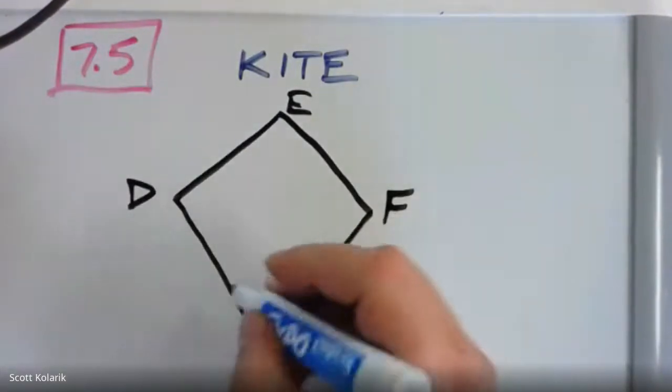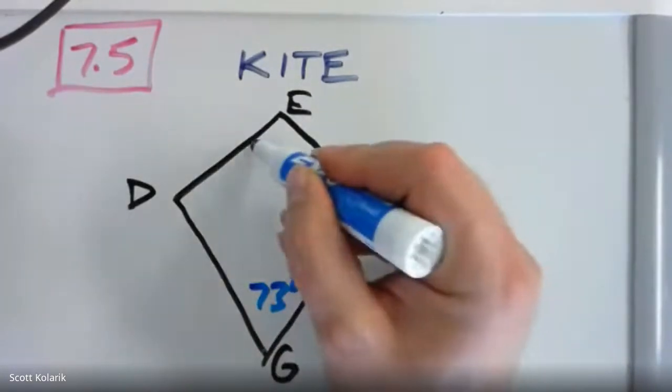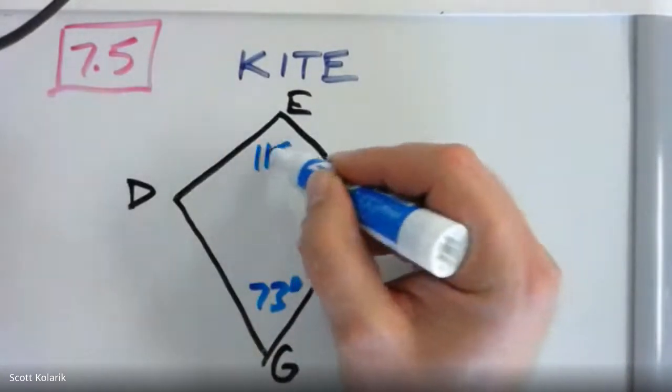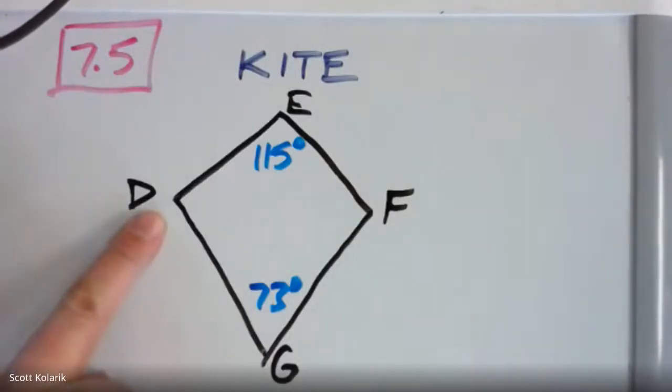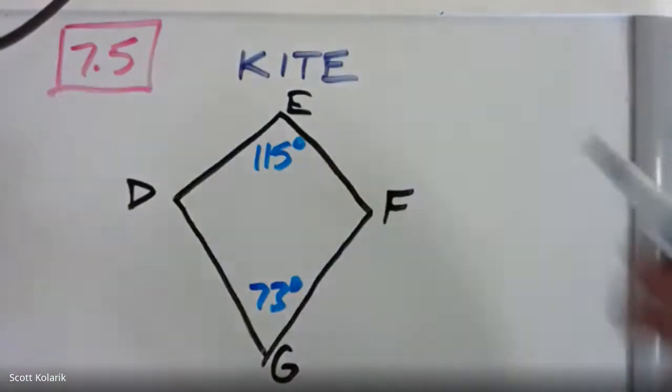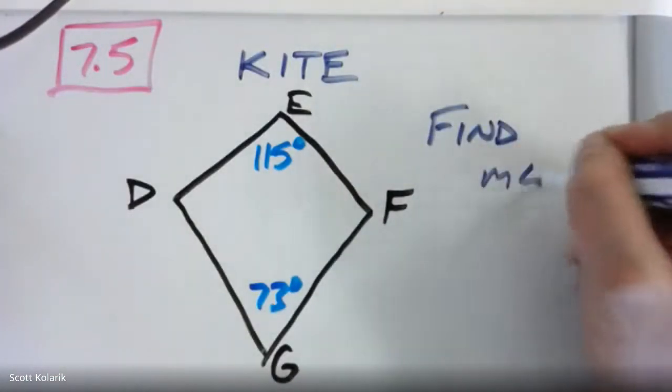This is pulled directly from our notes, so it'll be similar to what you were given on your test. You'll be given 2 of the angles. Angle E is 115, angle G is 73. And you're going to be asked to find one of the missing angles. In this problem on our notes, we had to find angle D. So find the measurement of angle D.